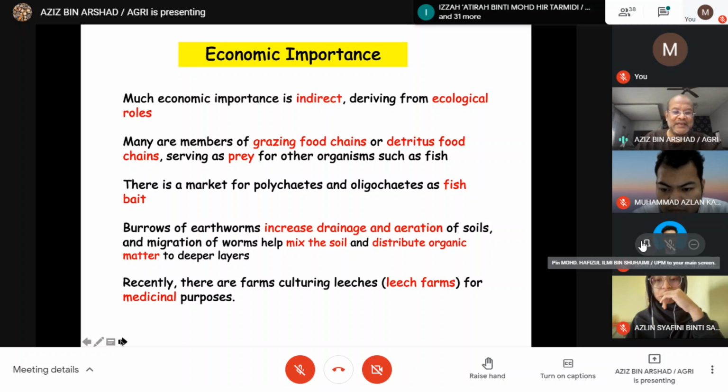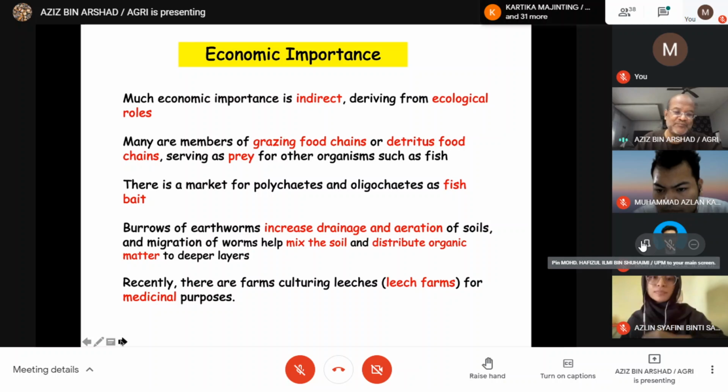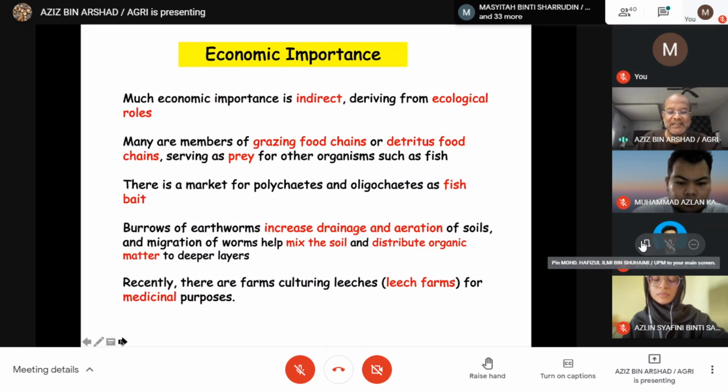And there is some economic importance in terms of market demand for polychaete worm, including the bait worm used by anglers, as well as oligochaete that is being used for ornamental fish feeding in freshwater or marine aquarium, mainly freshwater.